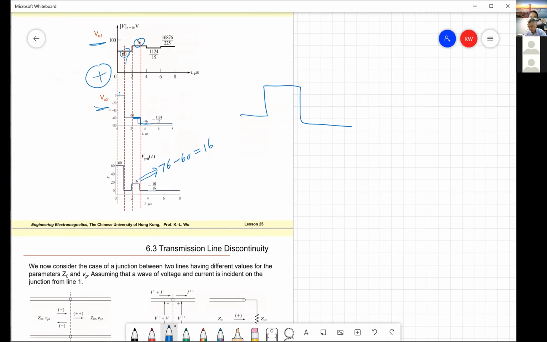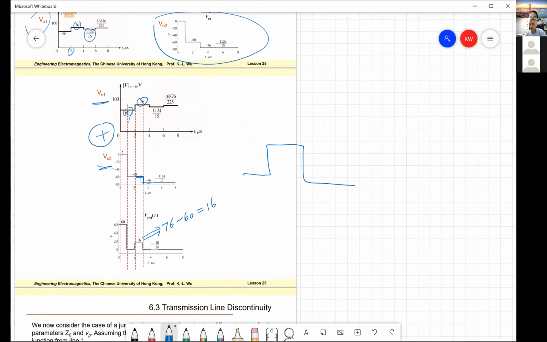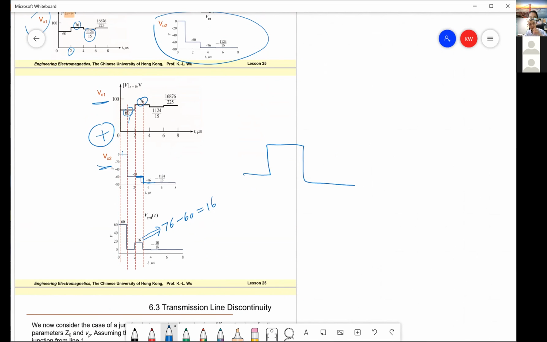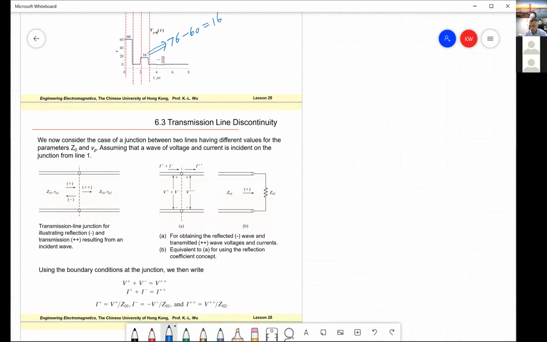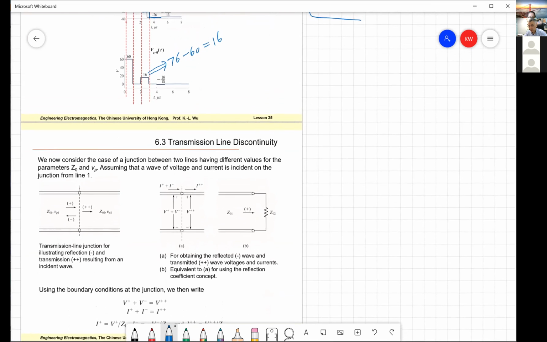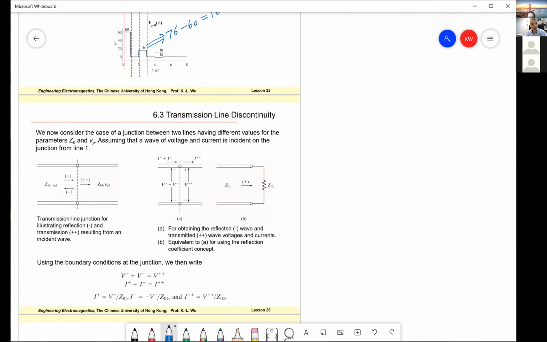Now, so this is a one-step forward on top of a simple step function for a resistive load. It's one of the practical scenarios. Let's look at another practical scenario: if this transmission line is not uniform.